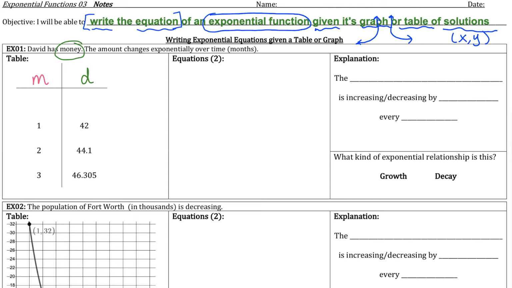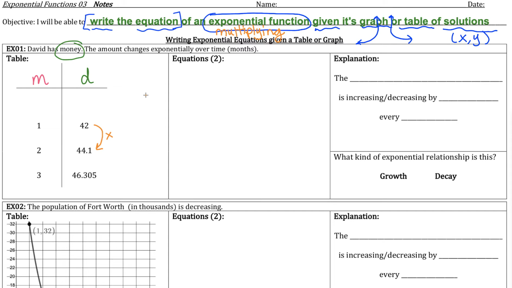Now remember that exponential will mean that we are multiplying. So we don't have the y-intercept. We don't have 0 something, but we have this and then this and then this, right? So if we don't know what we're multiplying by, then we have to divide.